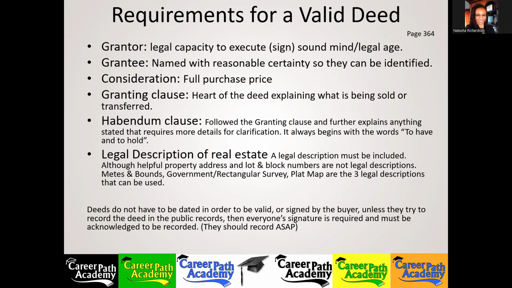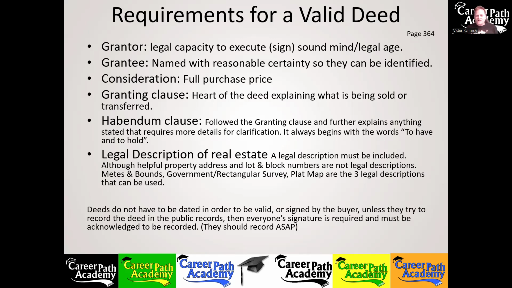Or it depends. Are we equal owners, 50-50? No. We are, unless you say that we're not. And you want to make sure that that is clarified in the deed.